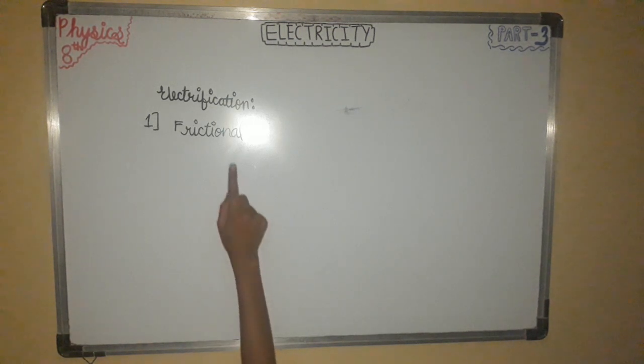Now the mechanism of frictional electrification. Owing to friction, heat is produced. The electrons absorb this heat, escape the nuclear pull of the atoms and become free.